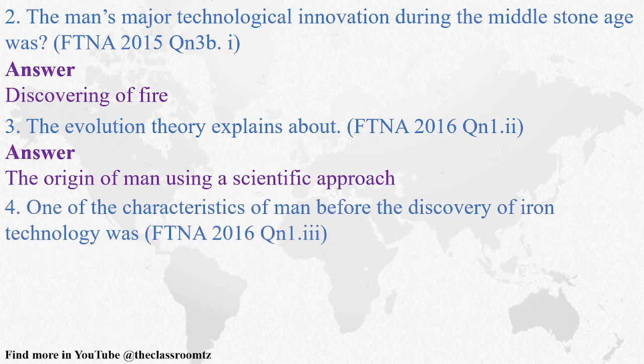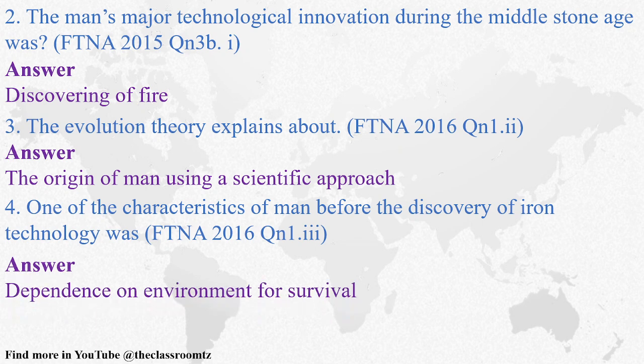Question number 4. One of the characteristics of man before discovering of iron technology was, what were the features of man before discovering iron? Man's dependence on the environment for survival. Before man discovered iron, most of his life was based on things there in the environment.